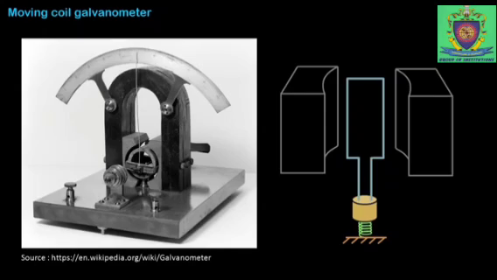So by this it's clear that the moving galvanometer acts like an ammeter and also like a voltmeter, but it measures only very small values of current and small values of voltage. By using the coil resistance, we can identify the current and even the voltage.